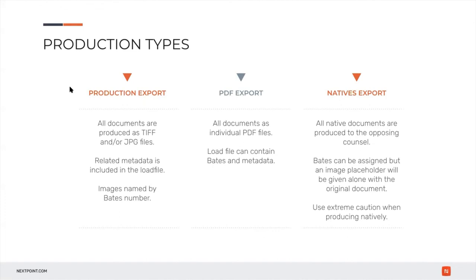They're generally imaged with Bates numbers on them, and the related metadata is included in the load file that you produce. This is a very standard production type that you are going to see and use, and it generally follows the ESI protocol that you have in place for what you should be producing and when.